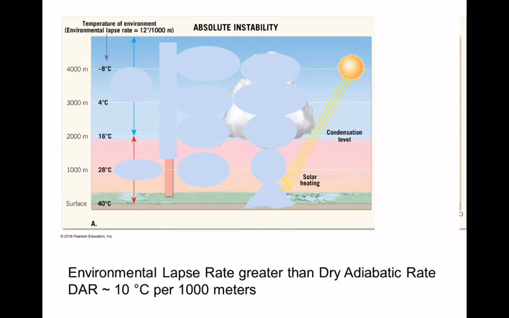So let's see what this looks like. And you can already see kind of the lifted condensation level. Right? So it starts at a toasty 40 degrees Celsius. Notice it's not condensing until it actually reaches 2 kilometers. So for the first 2 sets, it's going to cool at 10 degrees Celsius.